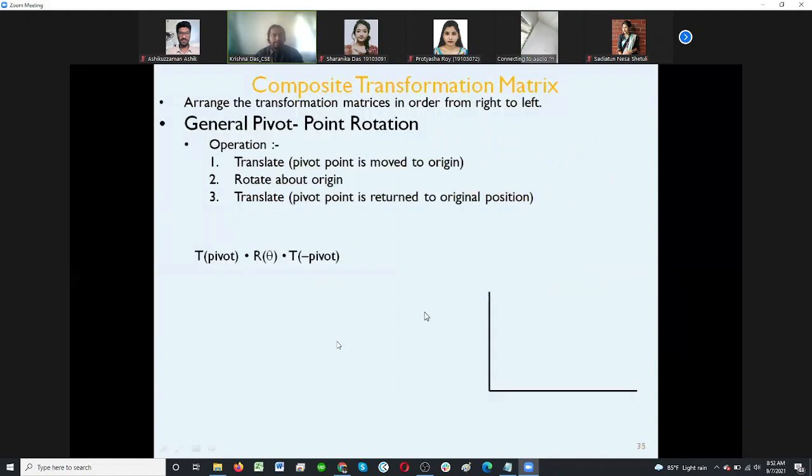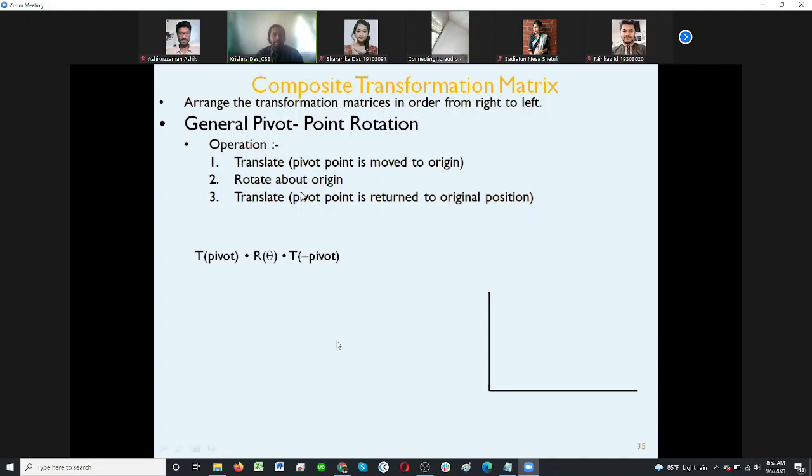Now let's come to the general pivot point rotation, the first composite transformation matrix. What happens here in pivot point rotation, we said the pivot point is a point where your main rotation, that degree of orientation, you count the angle, whatever angle you have defined.